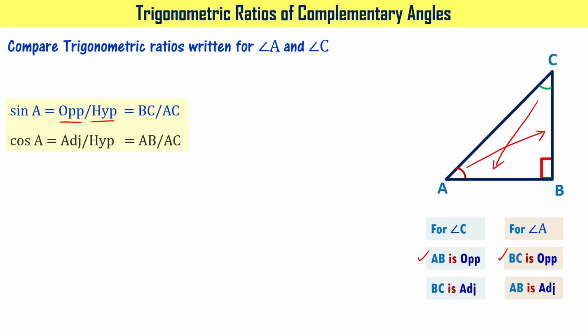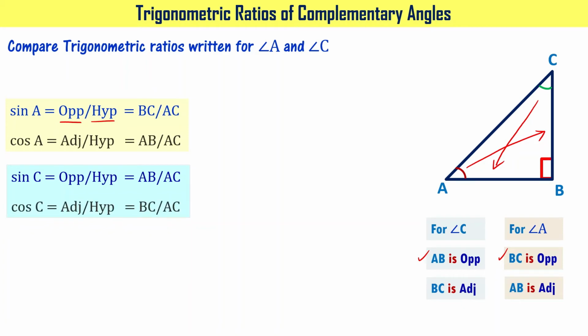Similarly, we can write these two trigonometric ratios for angle C. For angle C, sin C equal to AB by AC and cos C equal to BC by AC, right? Now compare these two. When you compare, you have BC by AC here and BC by AC here, right? And you have AB by AC here, AB by AC here, right?